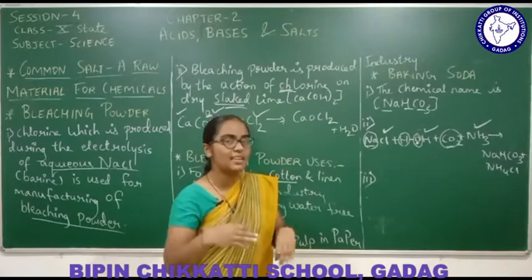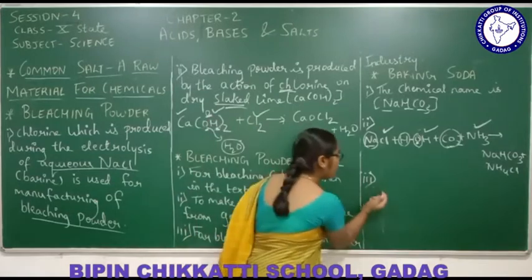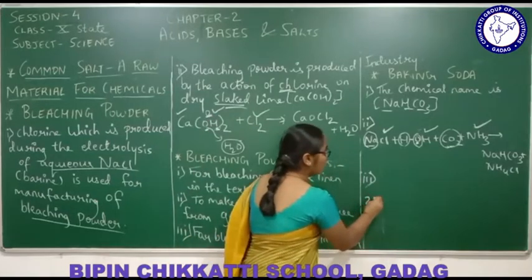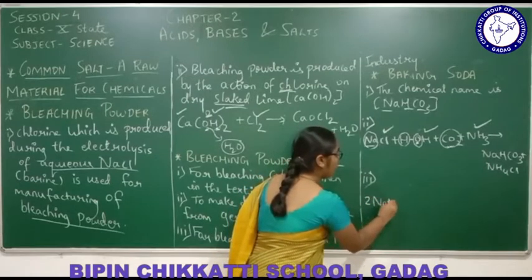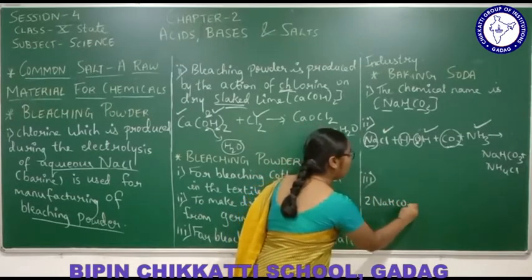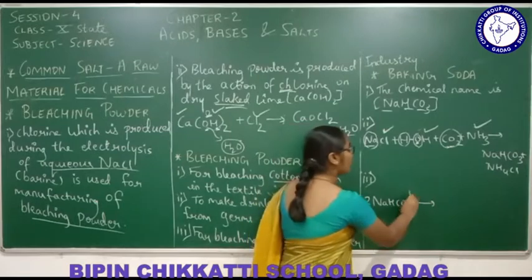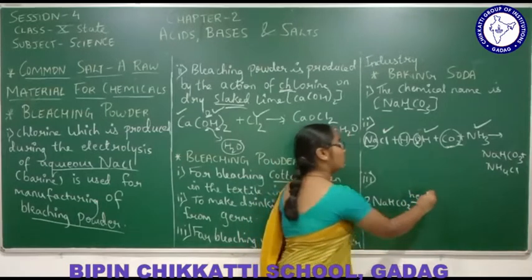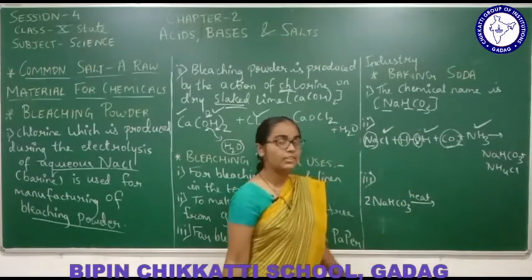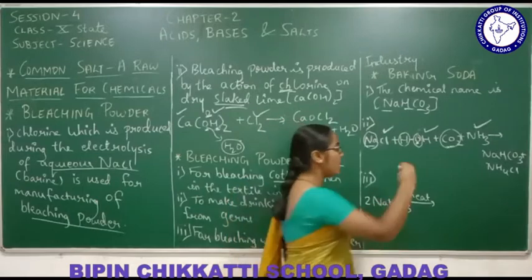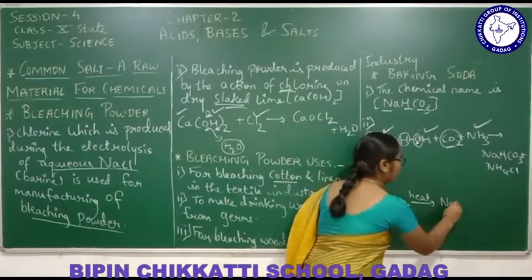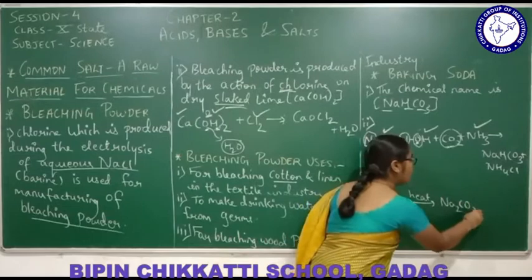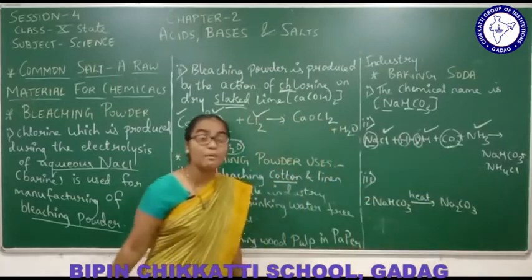Let's understand that by taking the chemical reaction over here. Now if I am taking 2 sodium hydrogen carbonate molecules, right? During the cooking process it is heated. Then it will form certain other products. The main product it will form over there is, no doubt, sodium carbonate.